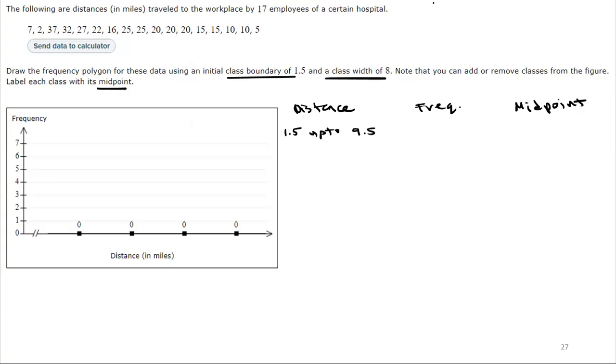Okay, and then we do the next row here. So we're going to start at 9.5, then up to, we're going to add 8, so that's going to give us 17.5. Okay. Then we just keep doing this.